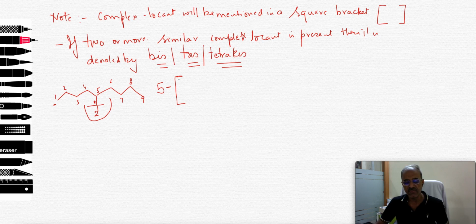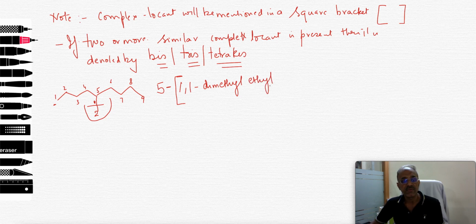Then 5, 1,1 dimethyl ethyl, 1,1 dimethyl ethyl, then bracket closed, nonane. Nonane means 9 carbon.